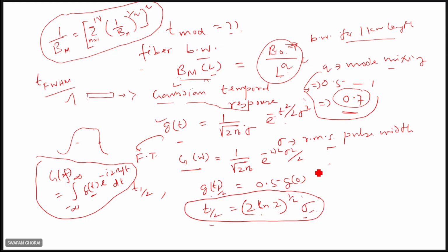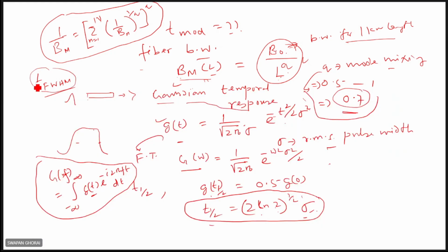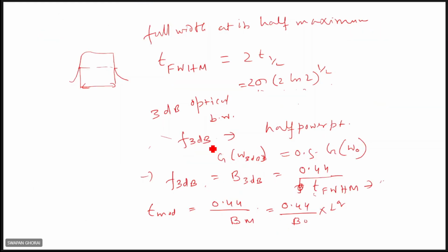What is t half? Just now mentioned, it is the time required for the pulse to reach its half maximum value, right? Now I told you we have to determine the TFWHM, full width at half maximum, for Gaussian response. So that will be twice of t half. You can see this one, full width at half maximum.